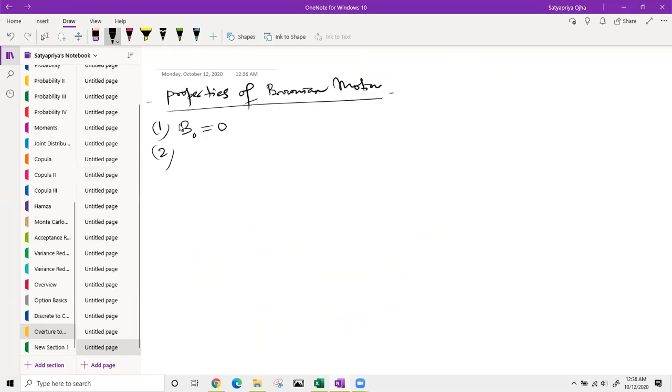Second, Bt minus Bs. I'm talking about two different points in time. Let's say between 0 and capital T, I have two time points. One is at S, one is at T. So what is Brownian motion?